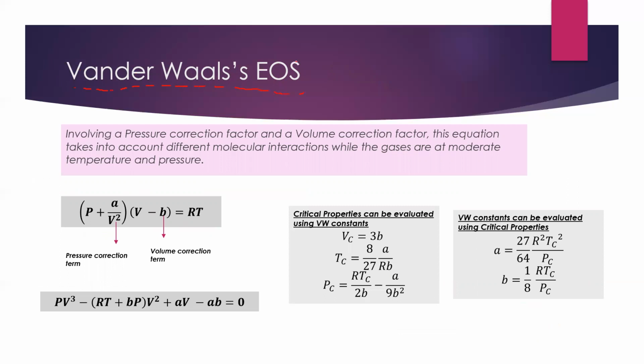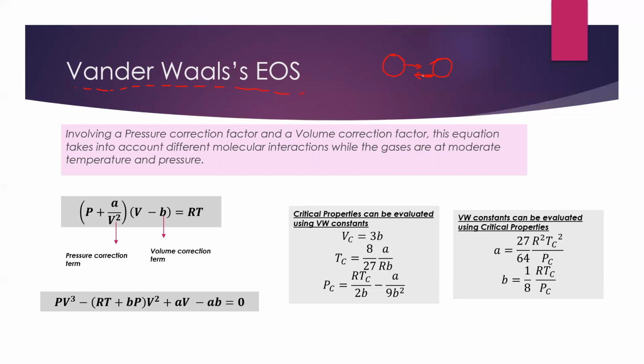So basically, suppose I have a gas with these two molecules. Now, there would be some interaction between these two, right? There would be some interactive forces between these two.